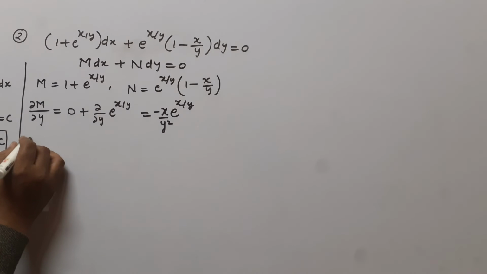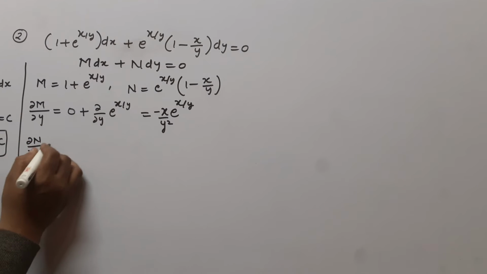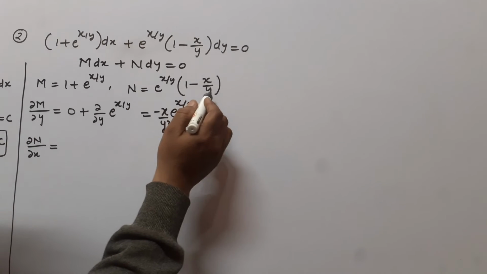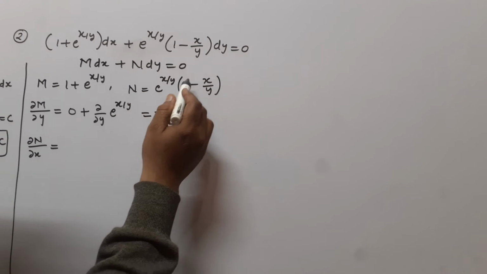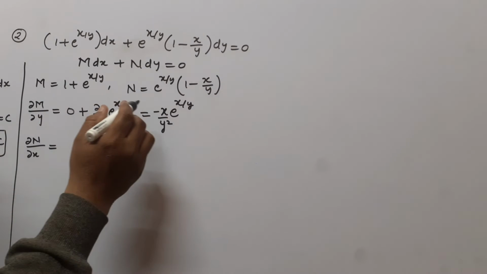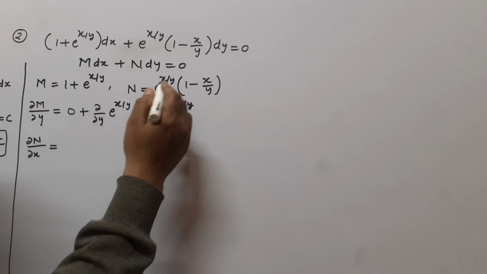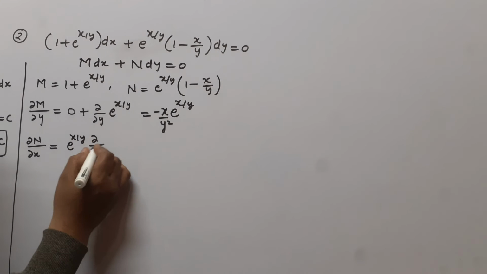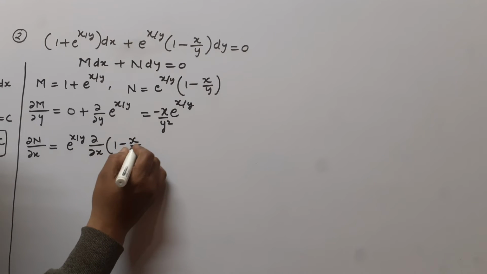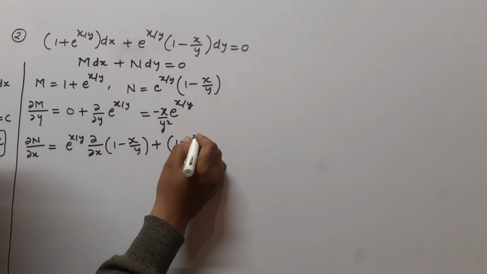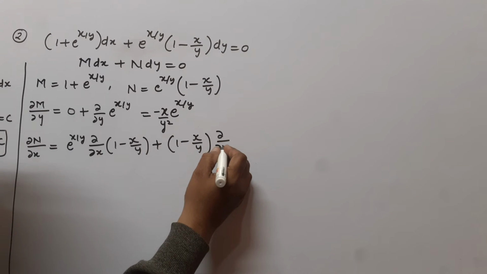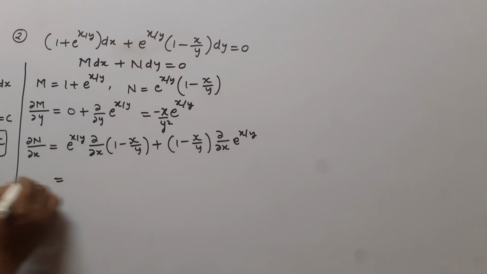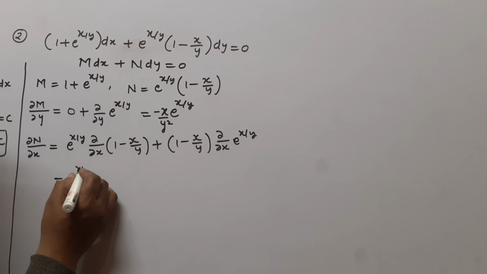Now we differentiate N partially with respect to x. Here there is a product of two functions: one is e to the power x by y and the second is 1 minus x by y. So we use the differentiation of a product of two functions. First we write the first function, e to the power x by y, then differentiate 1 minus x by y, plus the second function 1 minus x by y times del by del x of e to the power x by y.